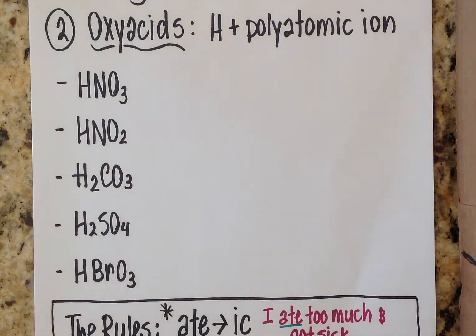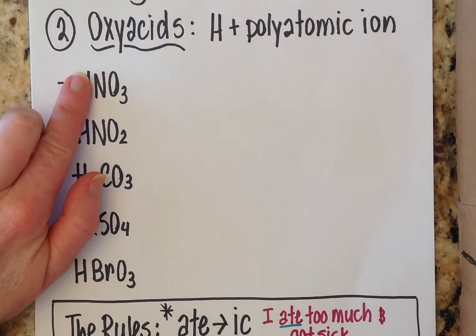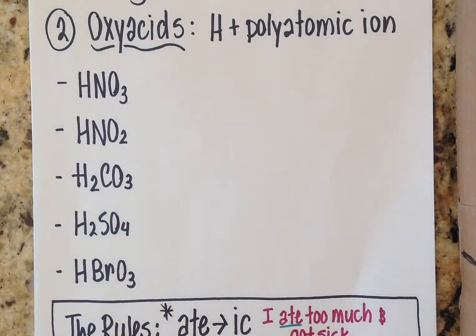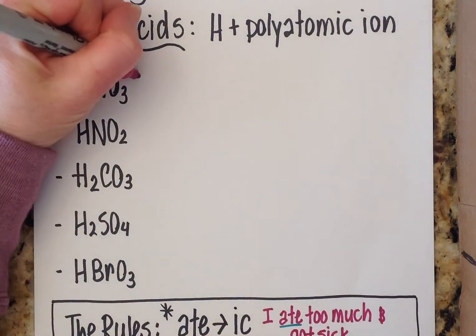So let's take a look at these examples. The first one I see is HNO3, and I know right off it's an acid because it's got an H in the front. But I also noticed that this particular hydronium is bonded to a polyatomic ion, and that polyatomic ion is nitrate. And let's just make a little note of that.